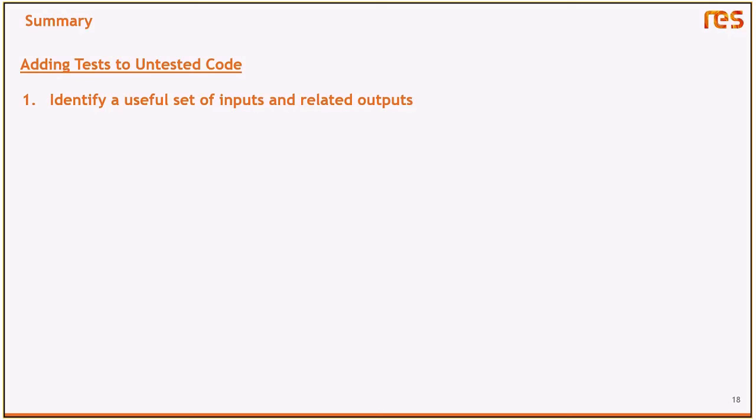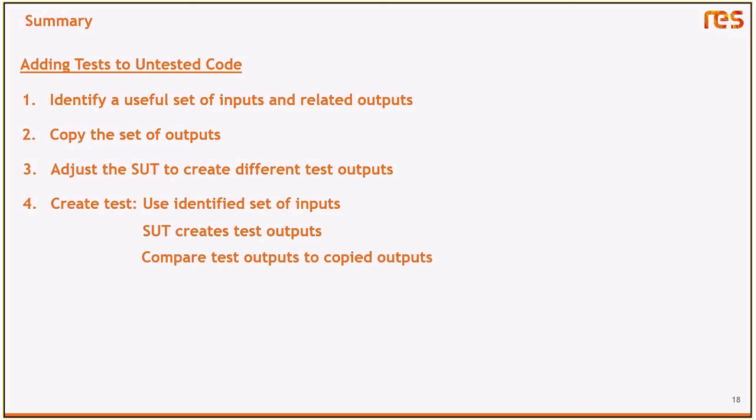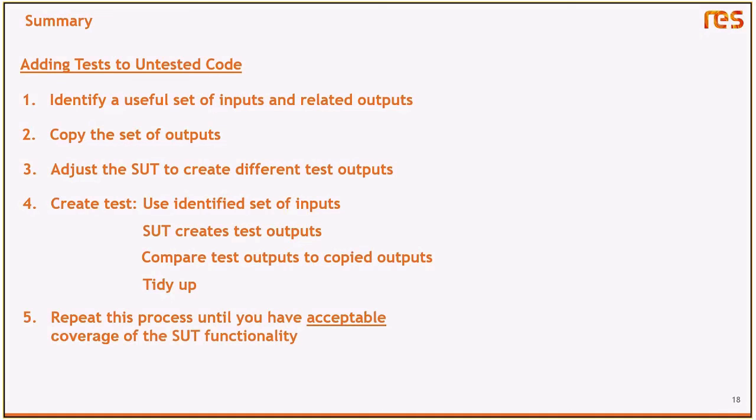We go through, identify a set of inputs and their related outputs, take a copy of it, adjust the system to create these different outputs, then create a test that goes through the process of using the inputs to create the outputs, comparing them, and carrying out any tidy up, either at the beginning of the test or at the end. We then repeat this process until we've got acceptable coverage, and finally we can then go on and refactor the code to improve its readability.